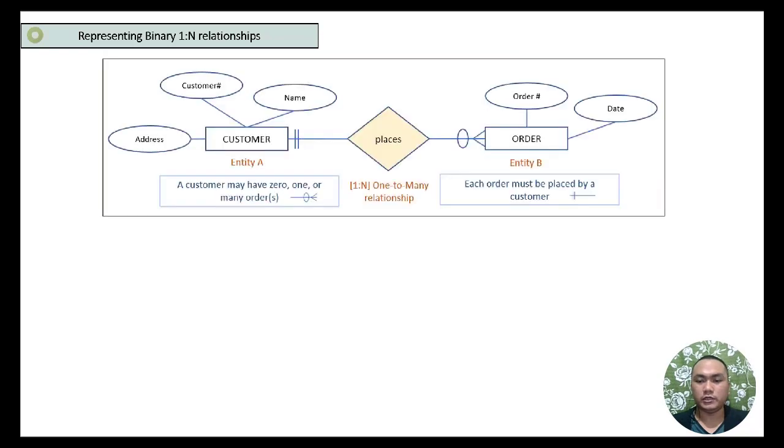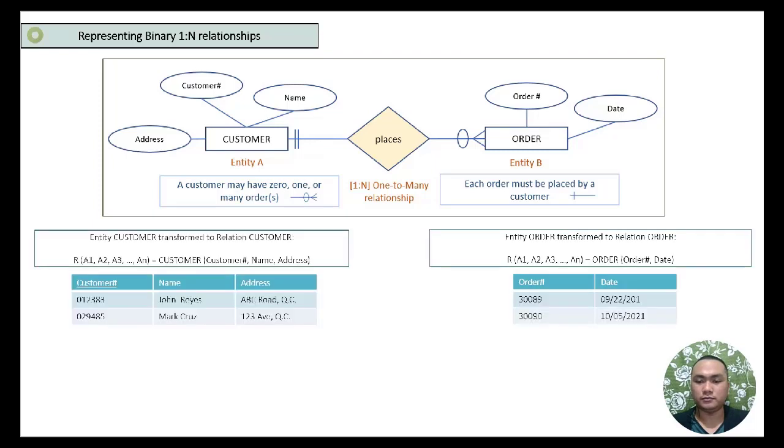In our sample ERD, we have two entities having a one-to-many relationship, customer and order, which have the relationship places. A customer may have 0, 1 or many orders, while each order must be placed by one customer. After transforming each entity to a relation, we have these two tables.